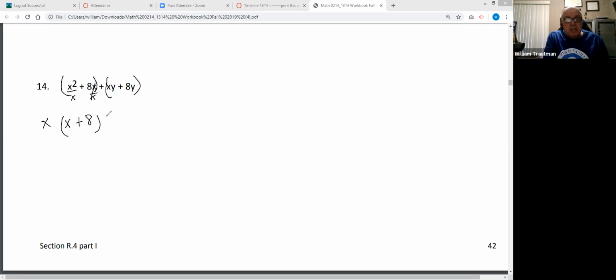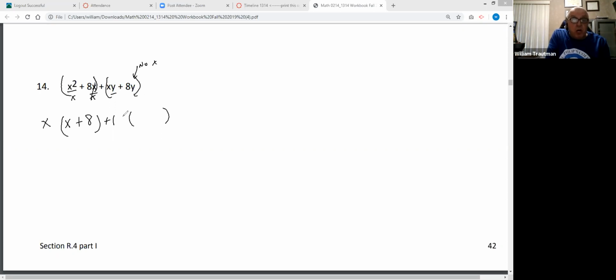Okay. The next parentheses I'm going to put here. What can I divide out of this next parentheses? Well, the number in front is 1. What is the lowest power x in both of these? No x. There's no x in the second term. What is the lowest power y?